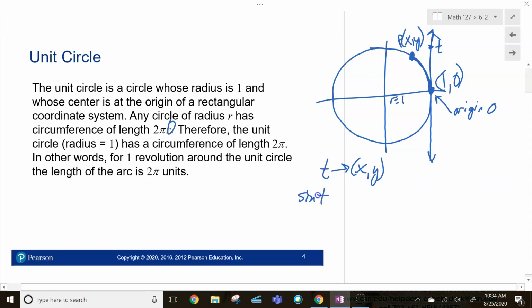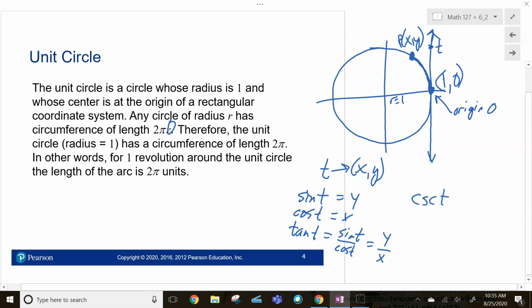So the sine of t is the y value, the cosine of t is the x value. The tangent of t is defined as a quotient identity as the sine over the cosine. So that's y over x, since the sine is the y value and cosine is the x value. The reciprocal of the sine is the cosecant.